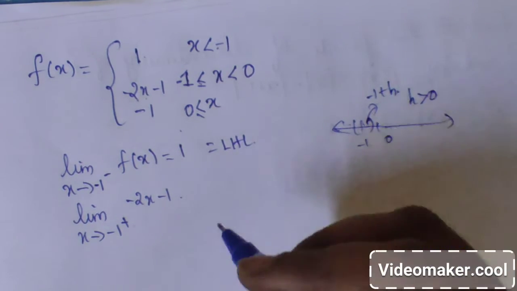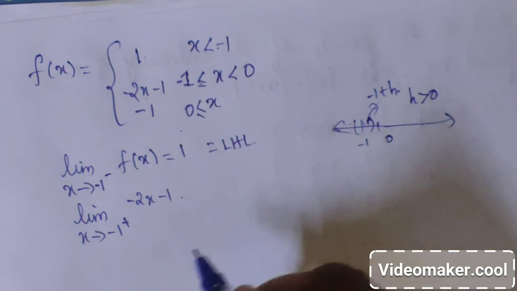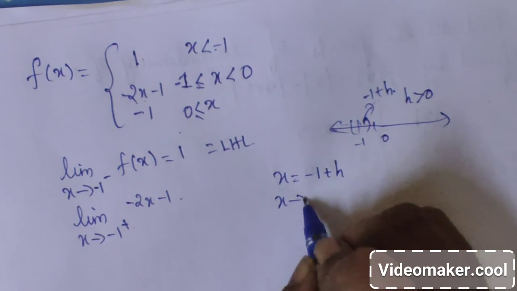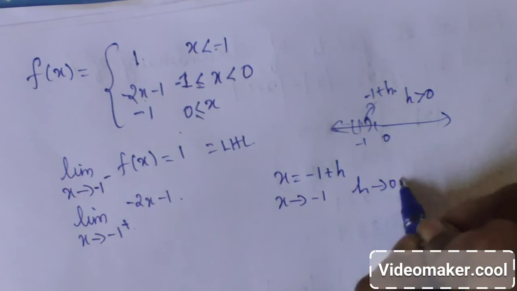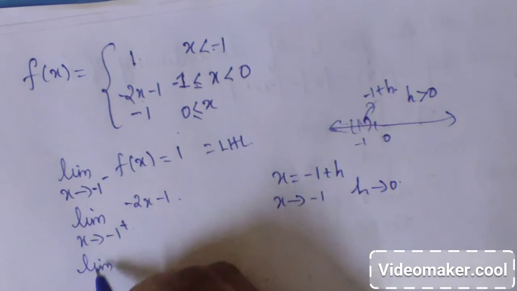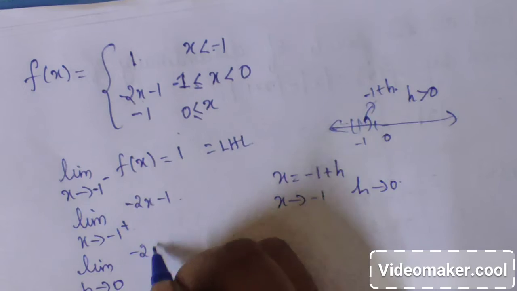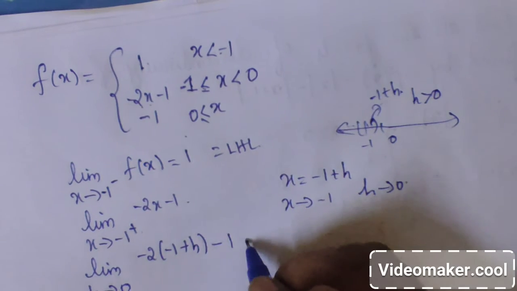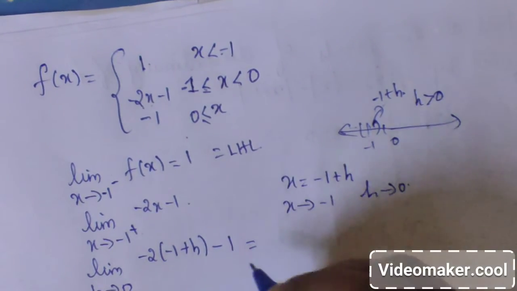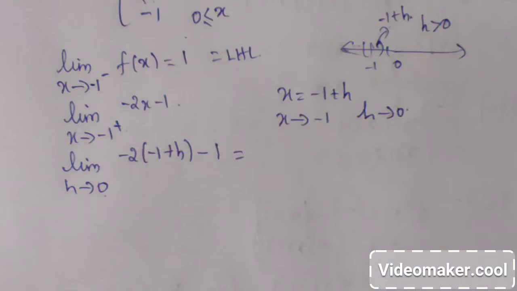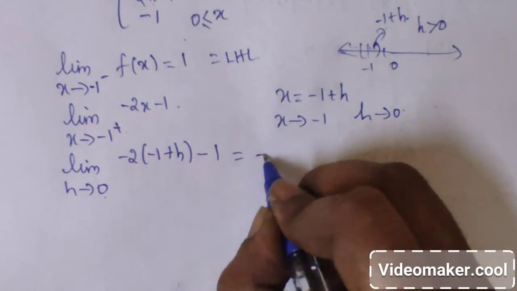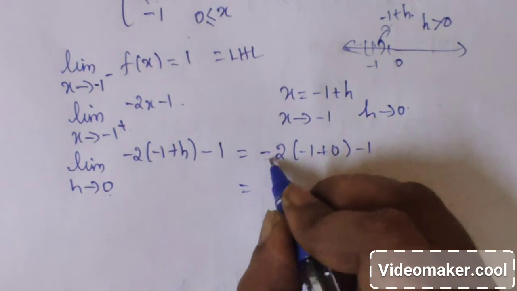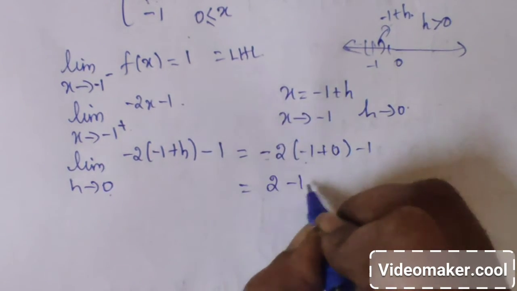So we replace x with -1 plus h. As x tends to -1, h tends to 0. So this will be limit h tends to 0 of -2 times (-1 plus h) minus 1. Now we apply h as 0 in the expression, and we get -2 times -1 plus 0 minus 1. So -2 into -1 is +2, minus 1, which is 1.